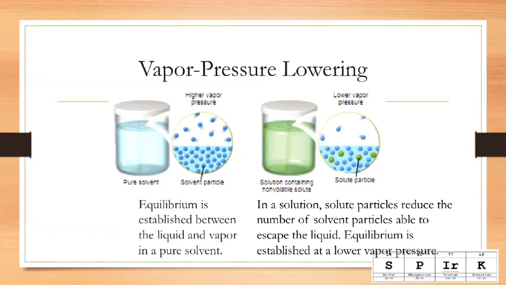And then here on the right-hand side, in a solution, solute particles reduce the number of solvent particles able to escape the liquid. So whatever we're dissolving in there is inhibiting the solvent particles from escaping. And equilibrium is established at a lower vapor pressure because there's less particles to exert a vapor pressure.